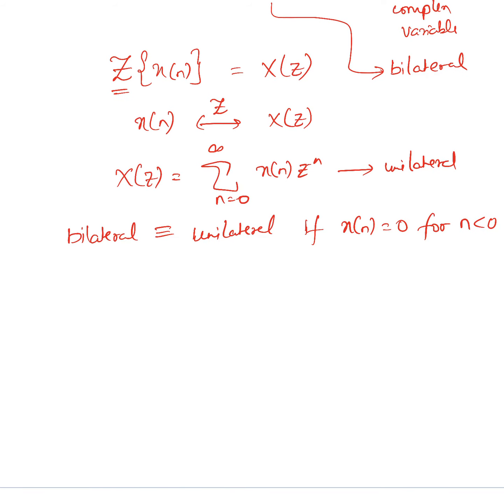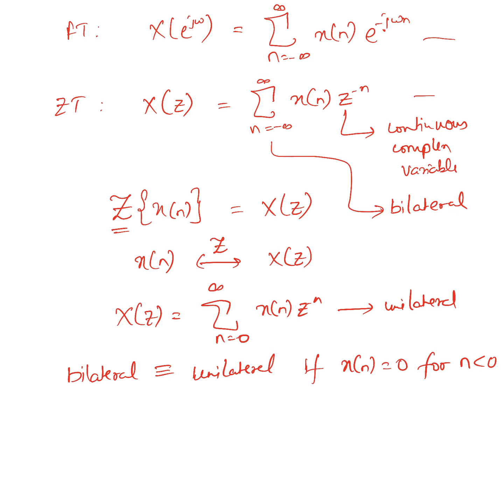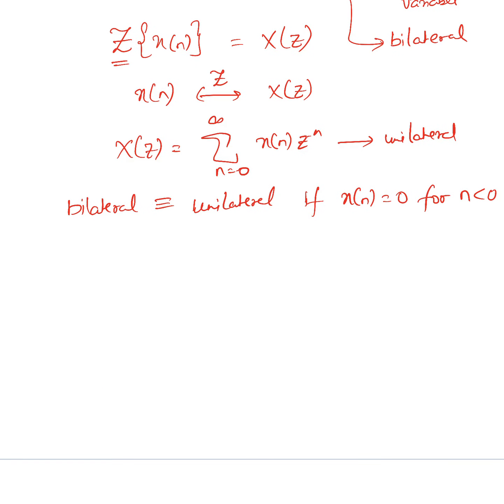Now what is the relationship between the Z transform and the Fourier transform? Seeing these two formulas, you can see that if I substitute z as e to the power j omega, then you will have the Z transform equal to your Fourier transform, right? With mod of z equal to 1.